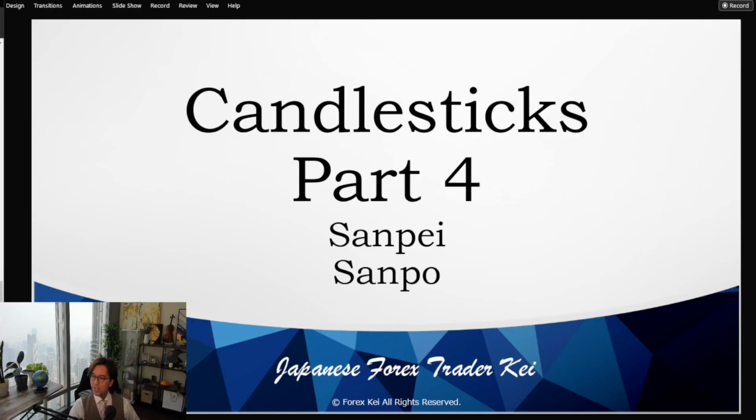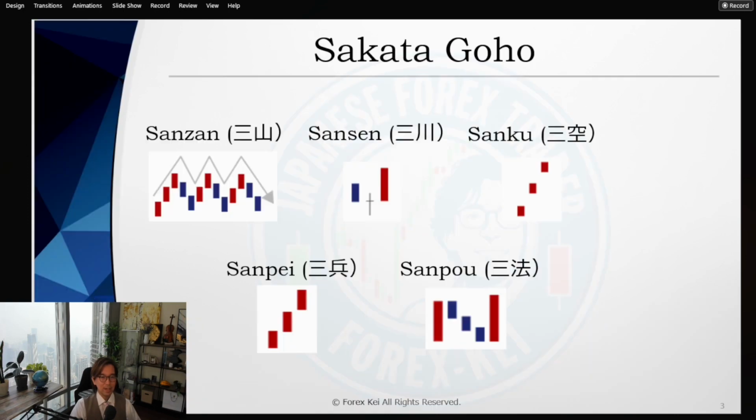So trend continuation patterns are called Sanpei and Sanpou in Sakata Goho, and I will dig deeply into these patterns. As I have been introducing, there are 5 patterns of Sakata Goho. Again, the letter Go means 5 in Japanese, and Ho means strategy.